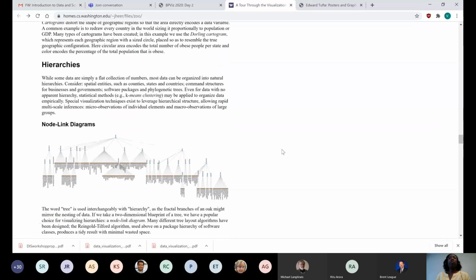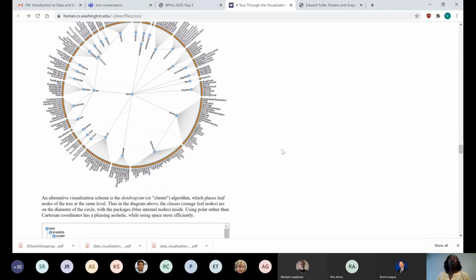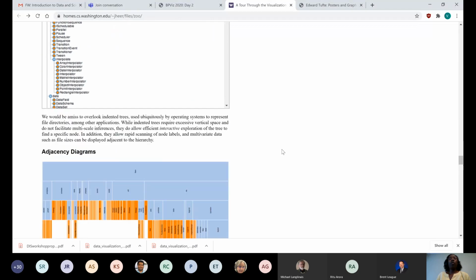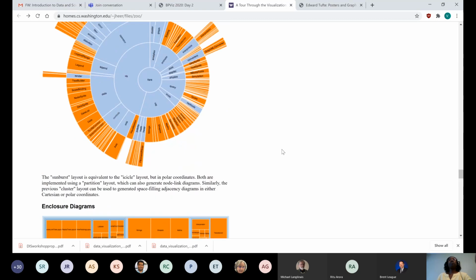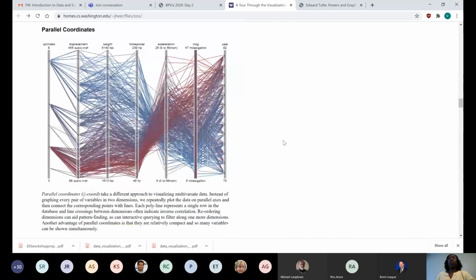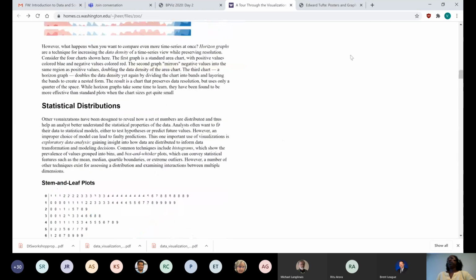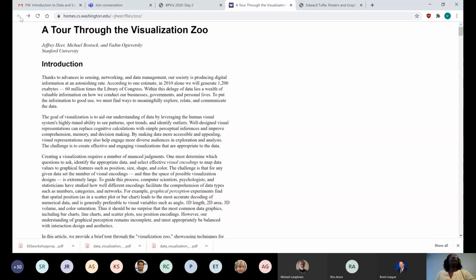You have to do what makes sense to you, or what you feel will help you to display your data in the most informative way that will help people to understand the data that you have and how you're representing it. And so this is an example of that. So very good source. Like I said, the paper itself is a bit dated, but it is a good starting point, especially if you are new to data visualization.